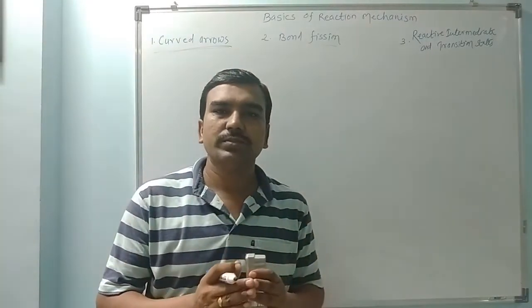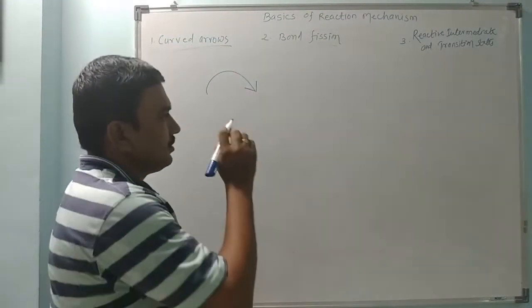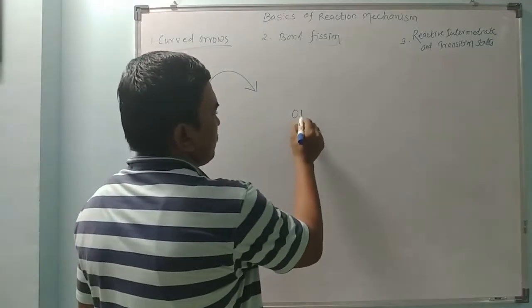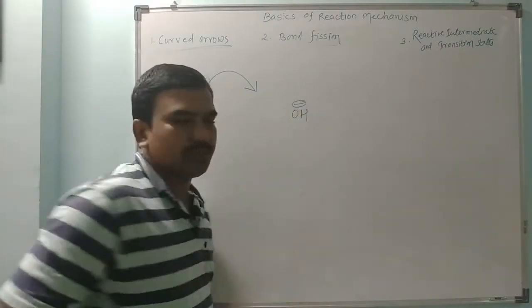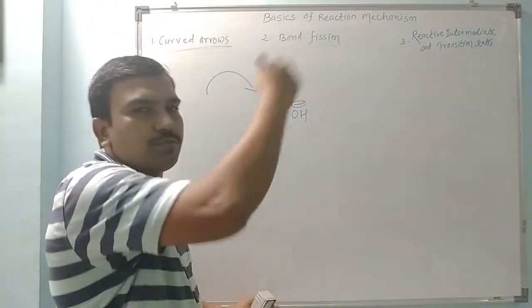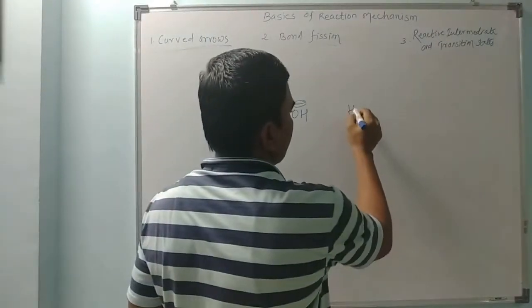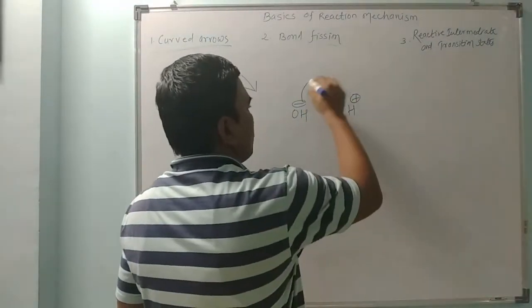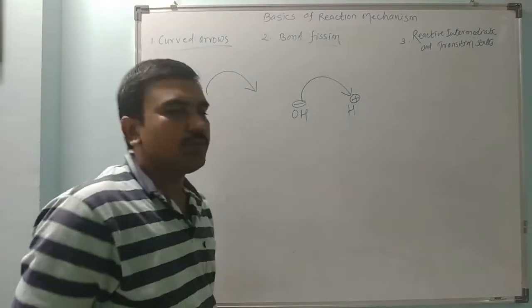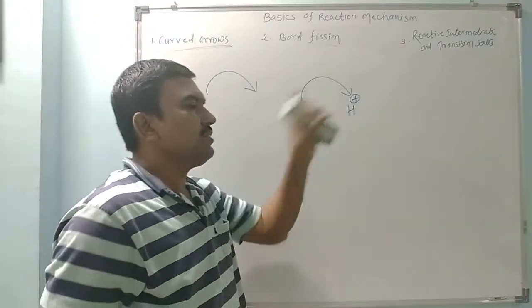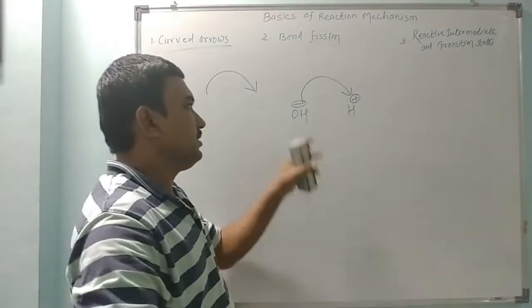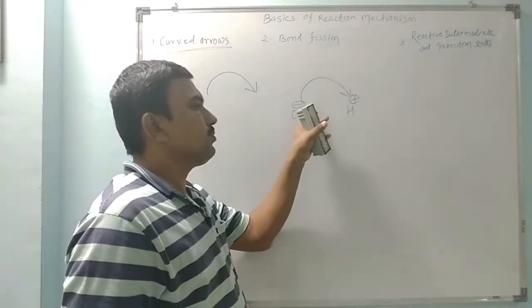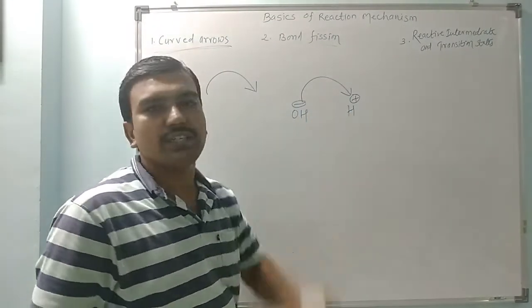So when it is shifted from a negatively charged species, suppose this is negatively charged species OH minus ion, to the positively charged species like this. So this is an arrow between a negatively charged species and a positively charged species. This arrow moves away from this OH minus and is pointed at H plus ion.